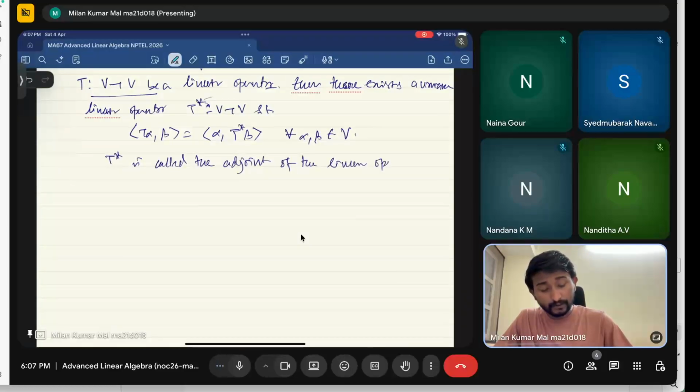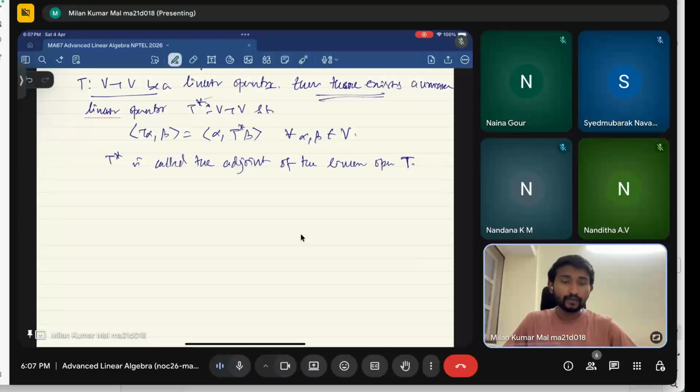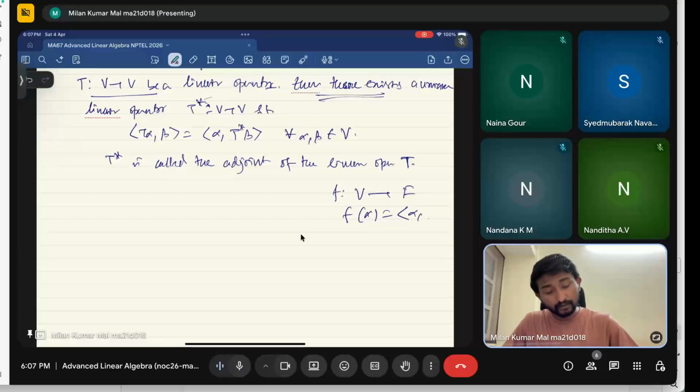Here I am saying there exists a unique linear operator, and that depends on a finite dimensional inner product space. If you have a linear functional on a finite dimensional inner product space V, then every linear functional must look like this: there must exist some beta such that f of alpha equals the inner product of alpha and beta.